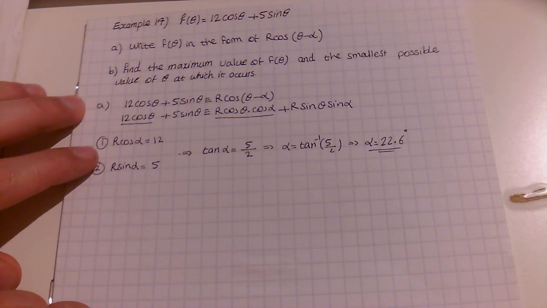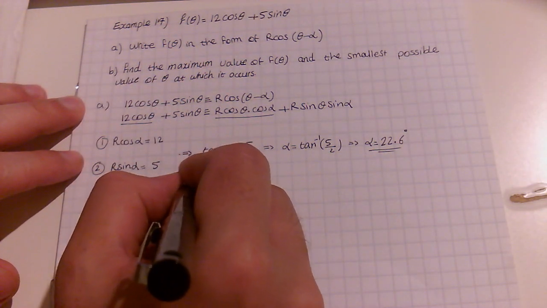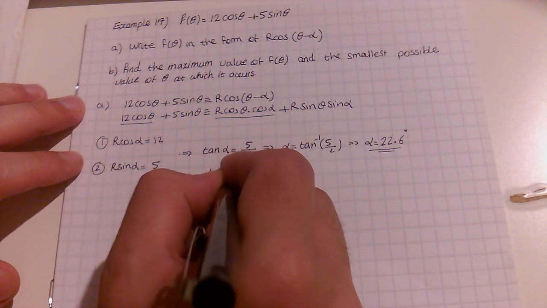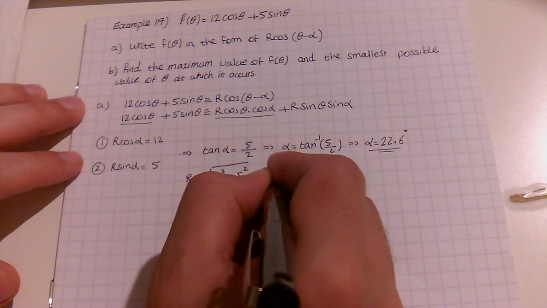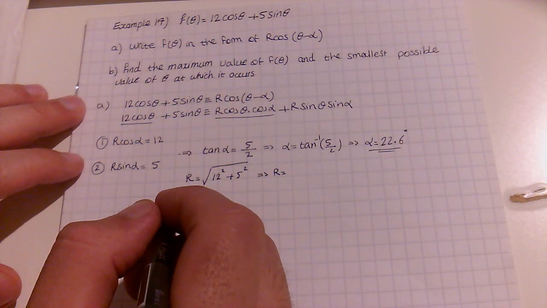Therefore, 12 cos theta plus 5 sin theta is equal to r times cos theta cos alpha plus r times sin theta sin alpha.